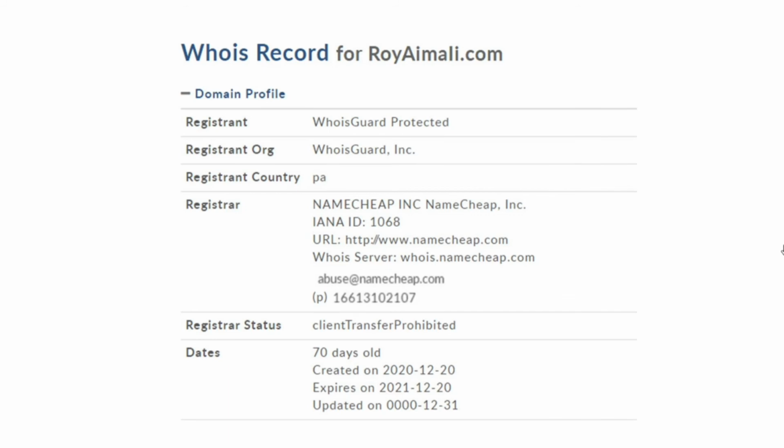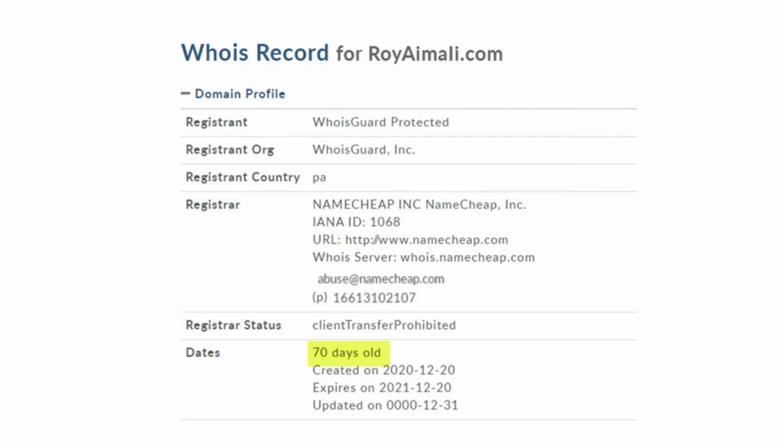Now, there is quite a bit of techie stuff, especially further down the page. You don't need to know anything about that. What is useful, though, is just a few things on here you'll find very handy to know, such as the date when this domain name was registered. So Royal Mail, that pretended to be royalmail.com, was only registered 70 days ago.